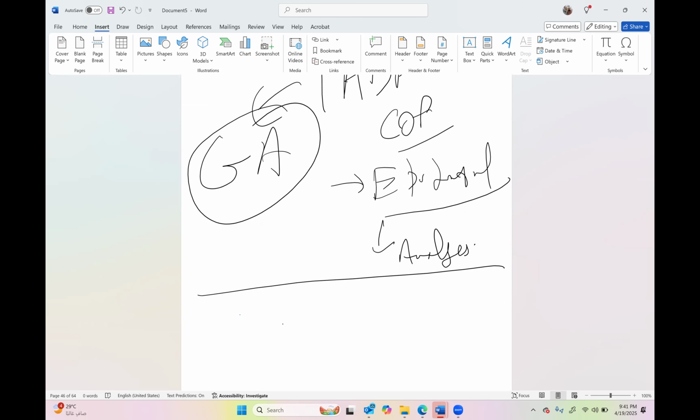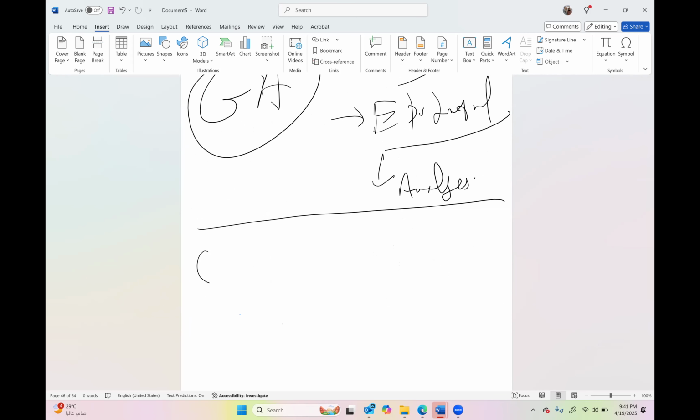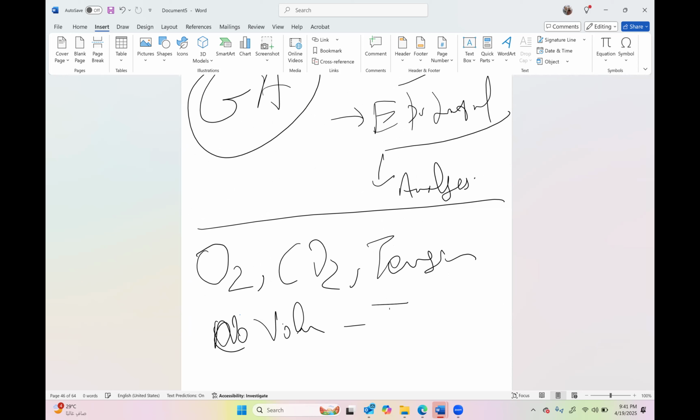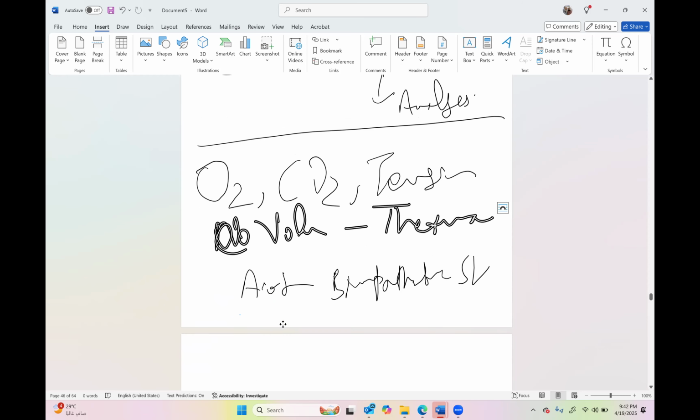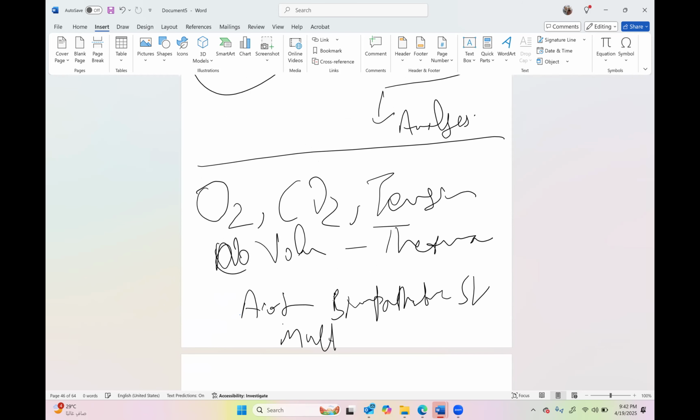What are the common goals, whether it is mitral stenosis or mitral regurgitation? You have to maintain normoxia, normocarbia, normotension, normovolemia, normothermia, avoid sympathetic stimulation, adequate analgesia, adequate muscle relaxation, multimodal analgesia.